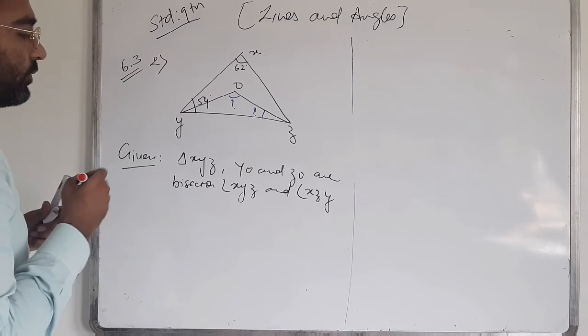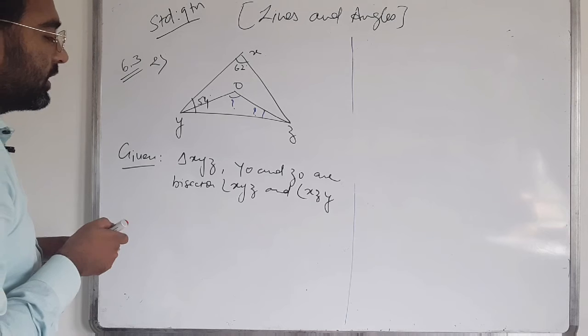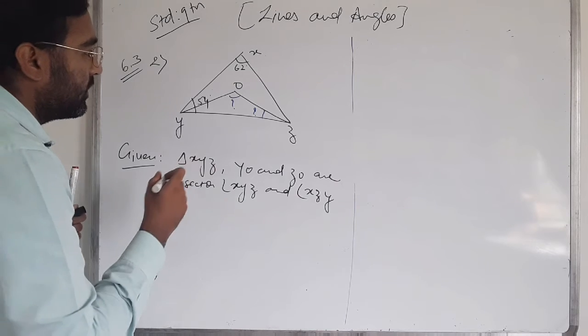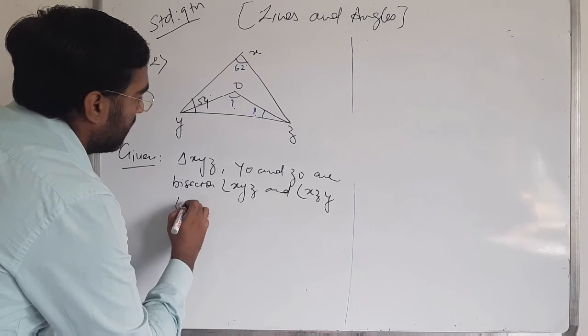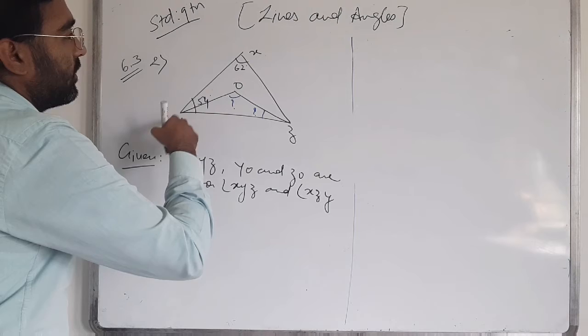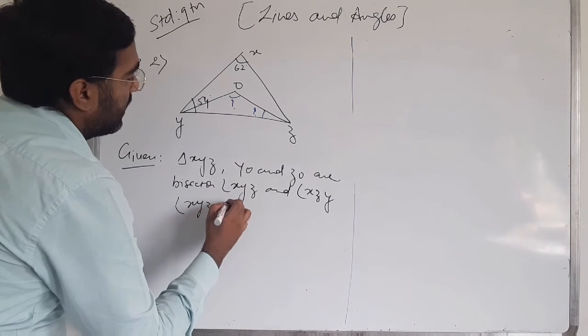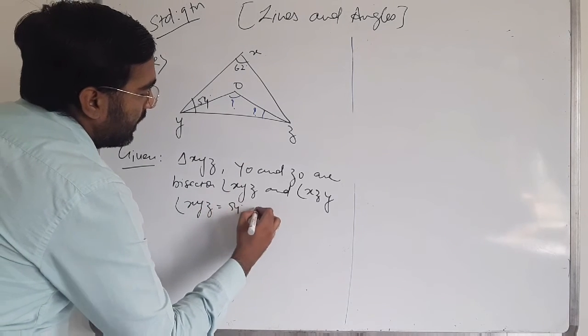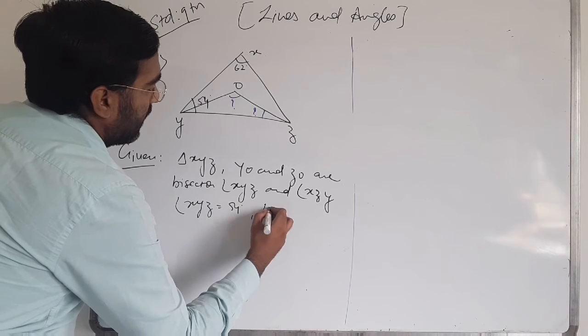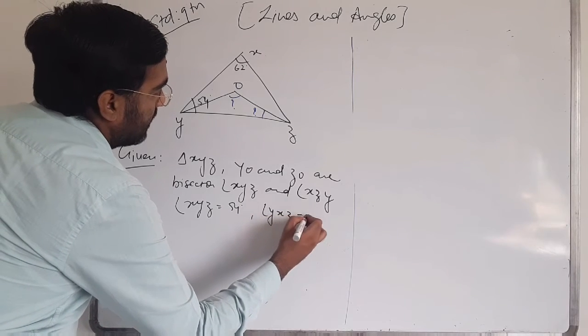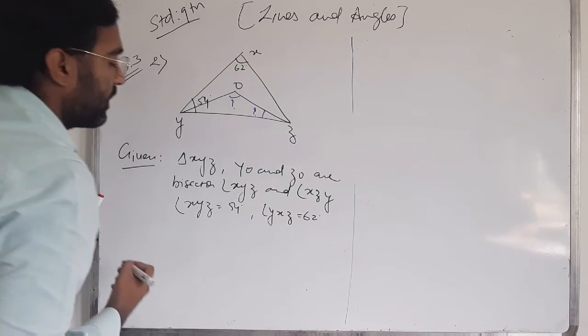Also given, angle XYZ is equal to 54 degrees, and angle YXZ is equal to 62 degrees.